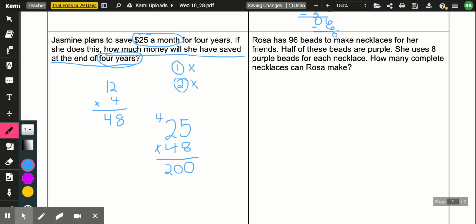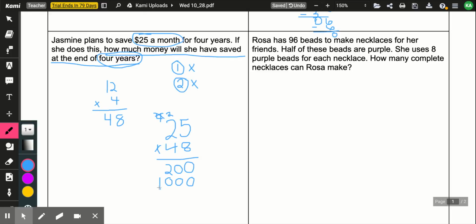Now, since I'm moving over to the tens place, I want to pretend like this is a 4 instead of it being 40. So in order to do that, I'm just going to drop that 0. Now I can pretend like this 4 is just a 4. So 4 times 5 is 20. 4 times 2 is 8, plus 2 more is 10.